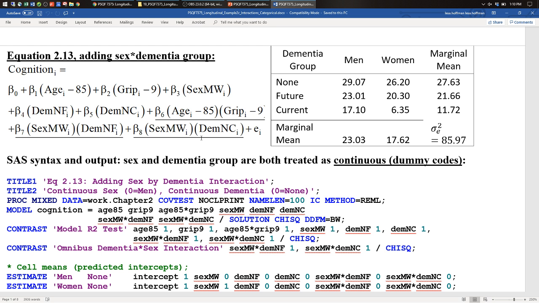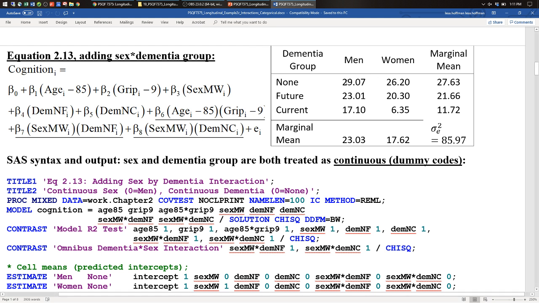The first contrast, dem and F, stands for none versus people who are eventually going to get dementia in the future. That's what F stands for. The second contrast is none versus current, people who already have it. As you can imagine, people who already have it are doing the worst, followed by people who are eventually going to get it, followed by people who don't have it and won't have it. So people who don't have it and won't have it are the reference group.